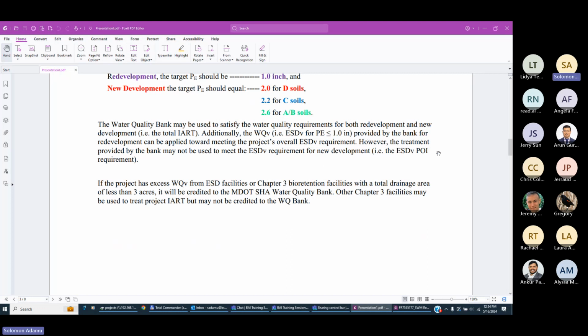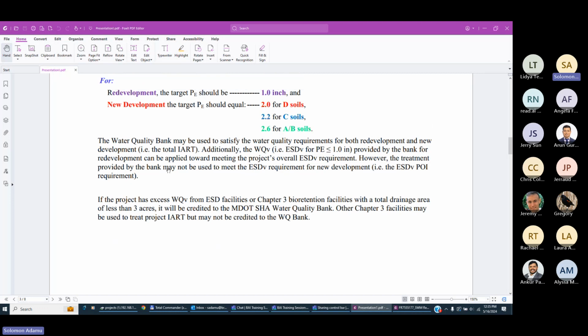Here is what I was trying to say also. However, the treatment provided by the bank may not be used to meet the ESDV requirement for new development. That means the ESDV POI requirement, which means if we are classified as a new development, then using the bank will not satisfy everything we are supposed to provide.